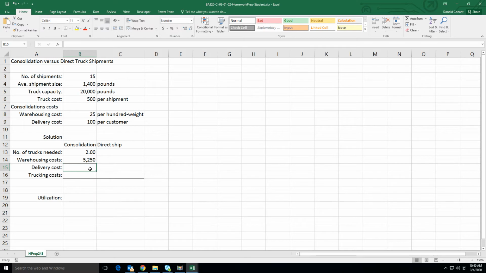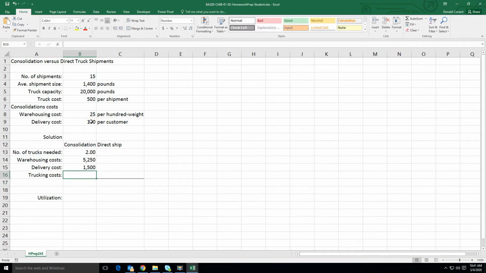To calculate my delivery costs, I'm going to take a look at the number of shipments that I have. I have 15 shipments, and I'm going to have to deliver them to each customer. So there's going to be a delivery cost. 15 shipments times the delivery cost per customer.